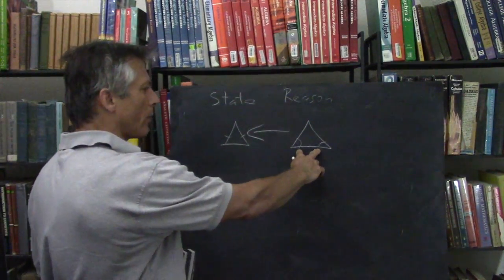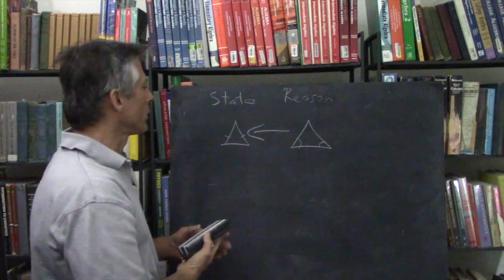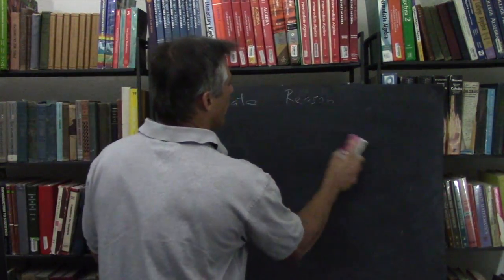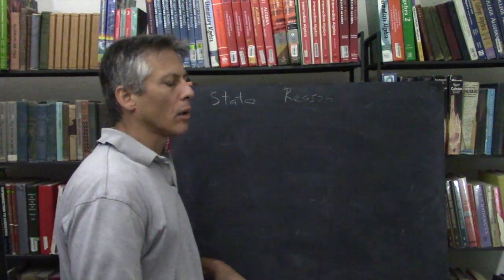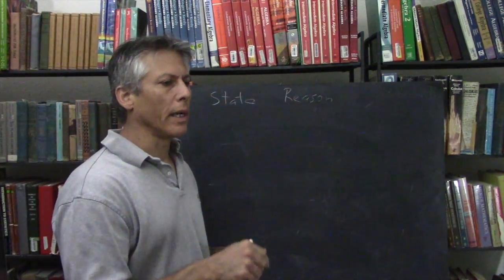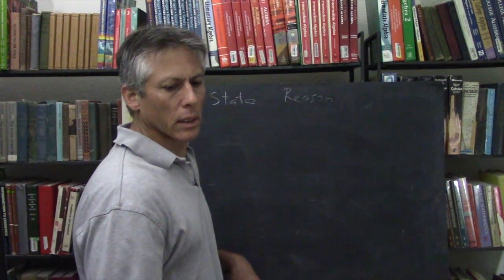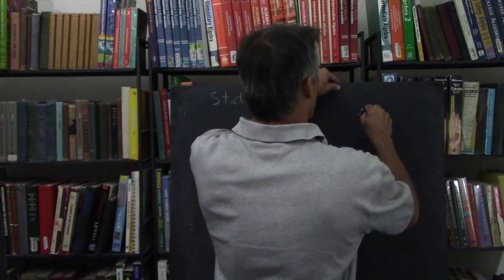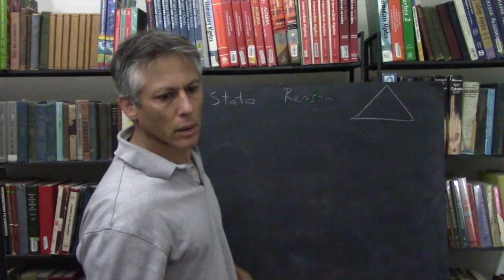We're going to start with base angles being congruent and show that the sides are congruent as a result. Okay? So we're going different ways, and we've talked about that before, how going from A to B is not the same as going from B to A. So we've got A, B, C, D. A is on top.